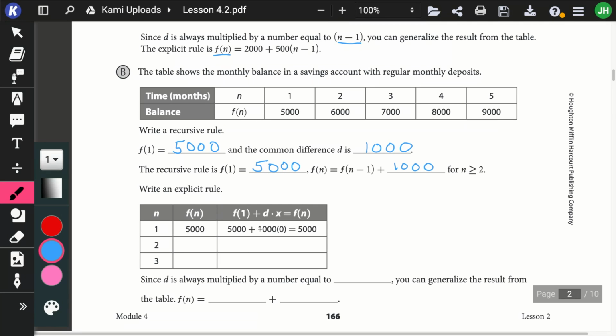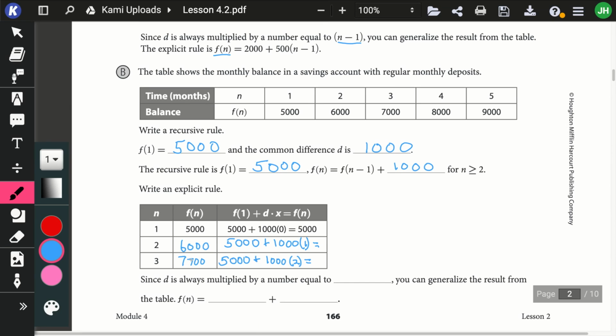Okay, so here it is filled out with the d times x function rule. F of n for 1 is 5,000. That's 5,000 plus 0. Here we're going to say 5,000 plus 1,000 times 1, which equals 6,000. Then we're going to say 5,000 plus 1,000 times 2, which equals 7,000.